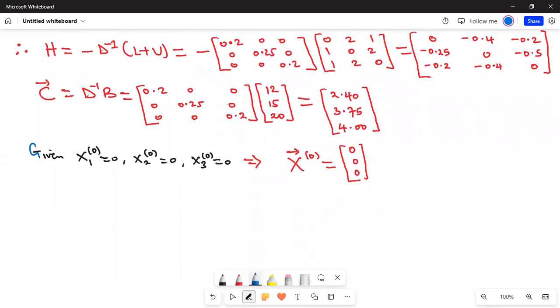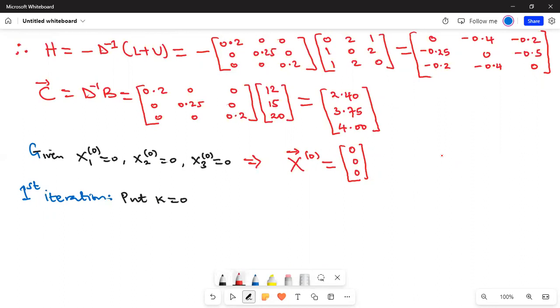So write first iteration. That means you put k equals 0 in that iterative formula.